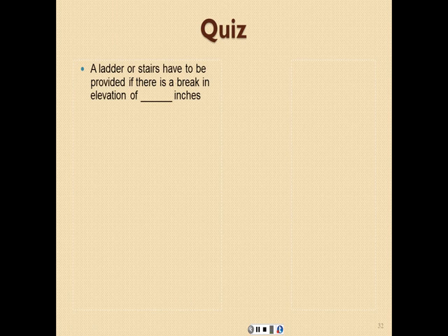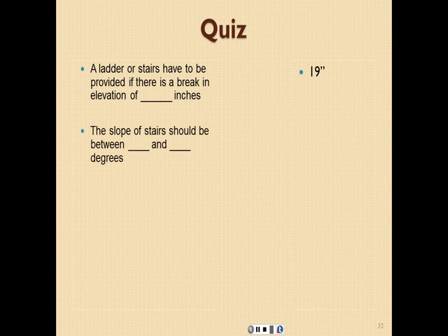Alright, so basically this is our presentation on stairways and ladders. Now we're going to have a quick quiz to see if we could remember some of the many numbers that we discussed in this presentation. A ladder or stairs have to be provided if there's a break in elevation of 19 inches. The slope of stairs should be between 30 and 50 degrees.